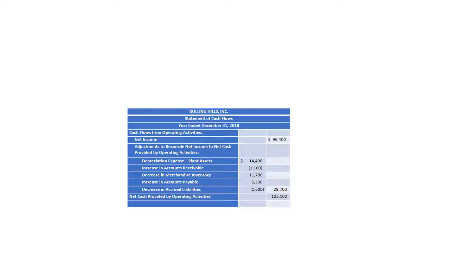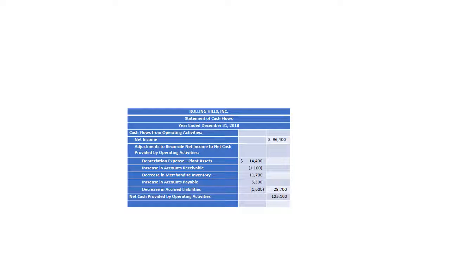So our cash increases $11,700 due to this. So whenever you have a current asset increase, the effect on cash flow is a decrease, and vice versa. Whenever a current asset decreases, the effect on cash flow is an increase, because you're not spending as much on that current asset.